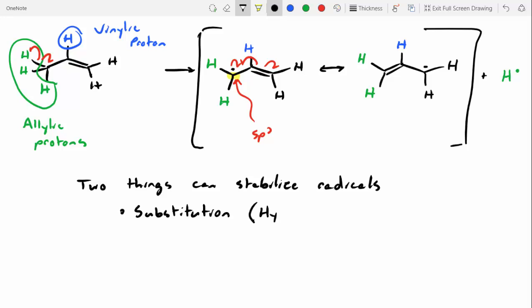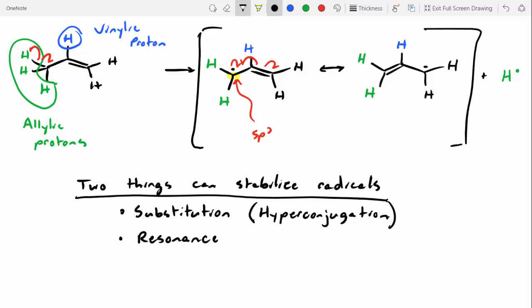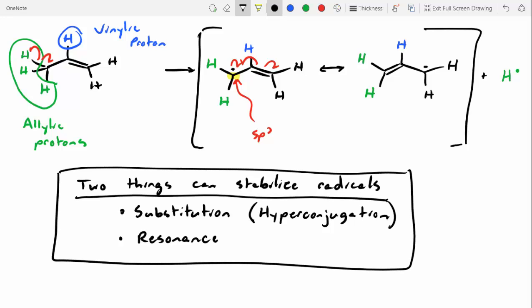The fancy word for this was hyperconjugation. So if you've got sp3 lobes right next door to that radical, they can help stabilize it. And then the second one we just mentioned was resonance. So just like with carbocations, except now we're dealing with single electrons.